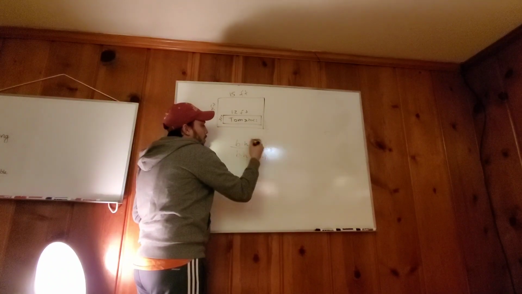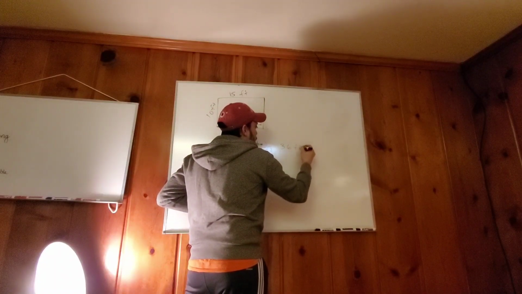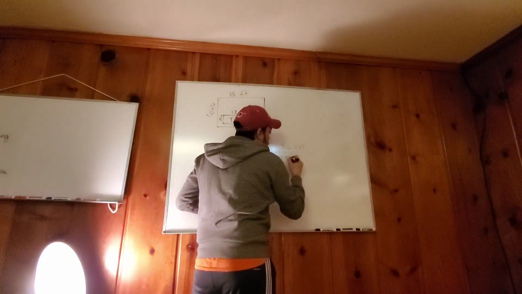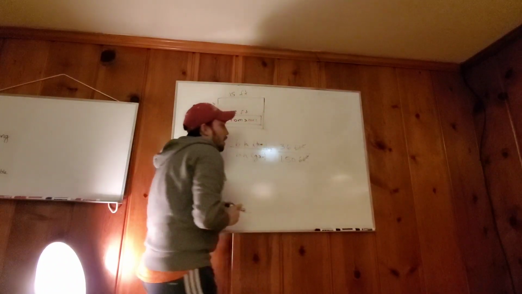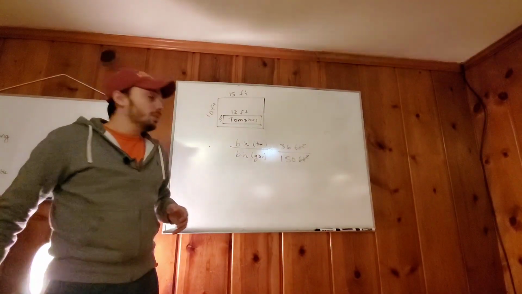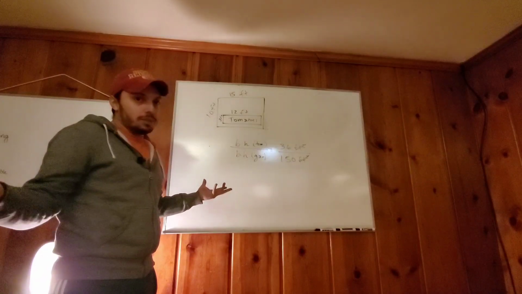Yay! So the base times height of the tomatoes is 36 feet squared, and over the whole garden is going to be 150 feet squared. And so the feet squared cancel out. Why? Because they cancel out. Duh.